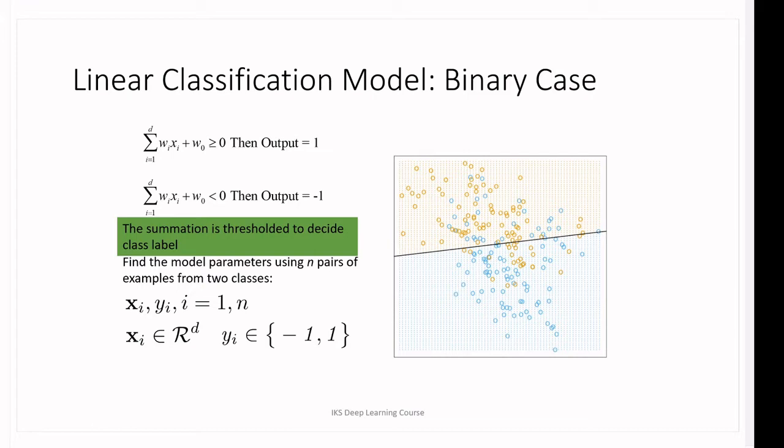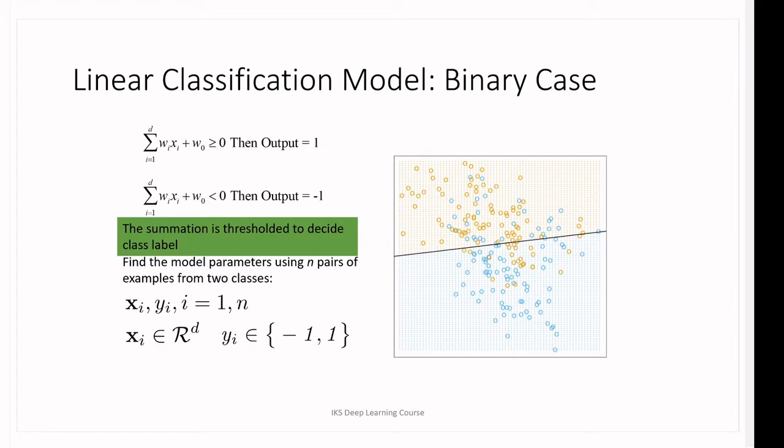So essentially what we are going to be doing in this model is finding these parameters wi's and w0, and then we will sum up the values for a given input, and that summation or score will be compared against a threshold to decide whether the output should be +1 or -1, indicating whether at the input we have an example from the positive class or from the negative class.